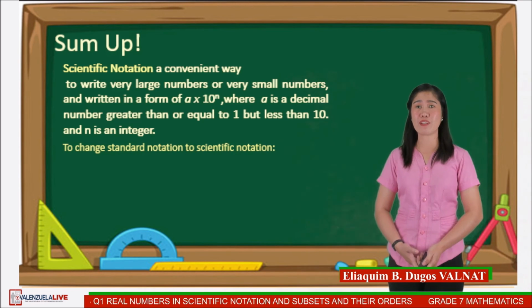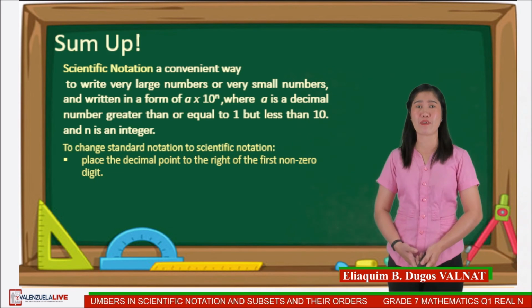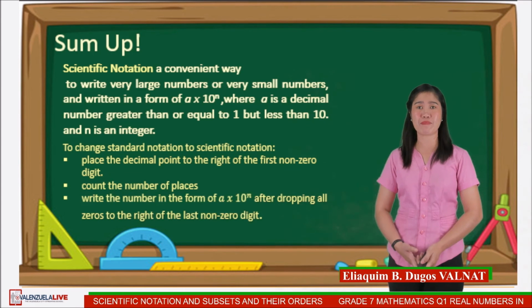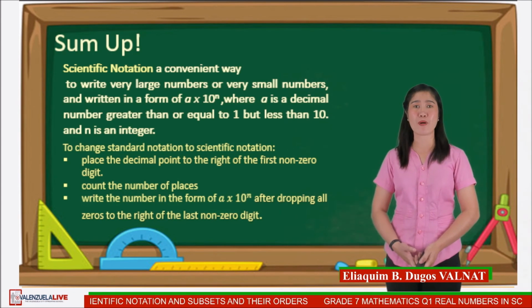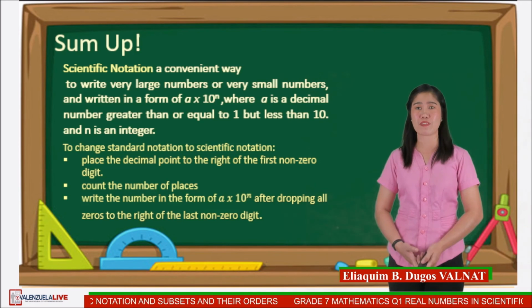To change standard notation to scientific notation, first place the decimal point to the right of the first non-zero digit. Next, count the number of places and write the number in the form of a times 10 raised to n after dropping all the zeros to the right of the last non-zero digit.